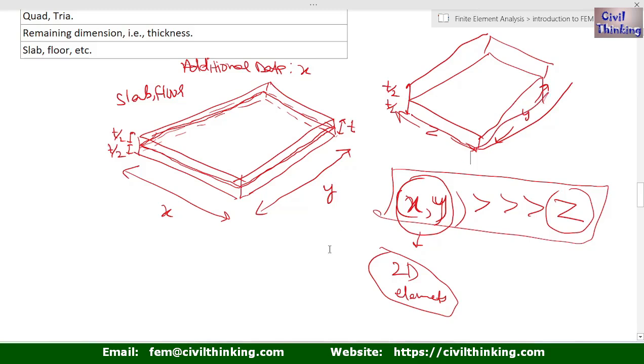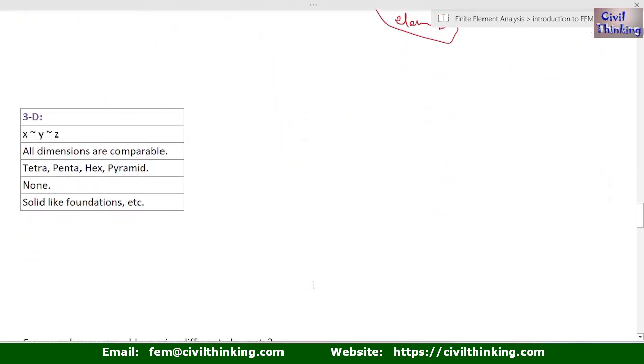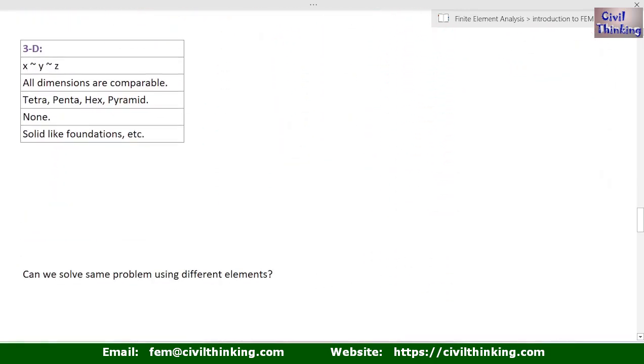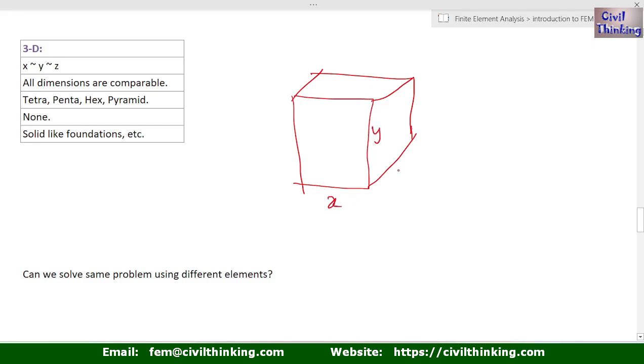Anyways, I hope you got the basic idea, so let's move on. Now when is 3D used? When all three dimensions are approximately equal. For example, take this cube: this is the x dimension, this is y, and this is z.